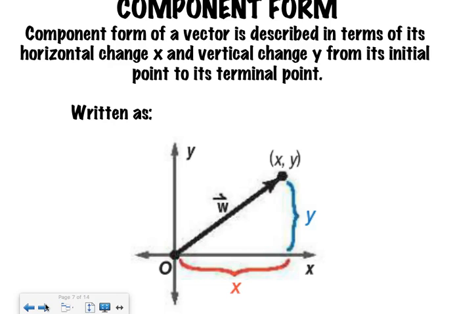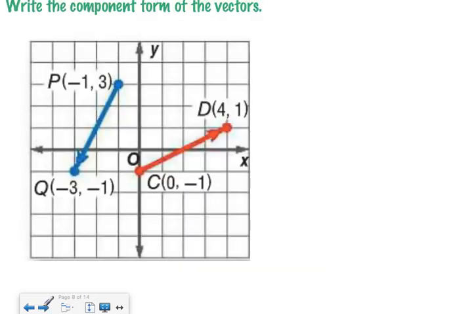It looks goofy, but it's like a V on its side. Your change in x, and your change in y, with another little V on its side. That's its component form.